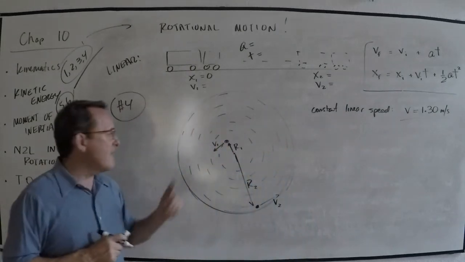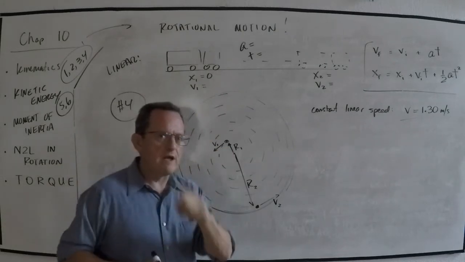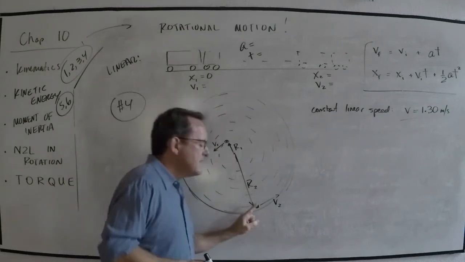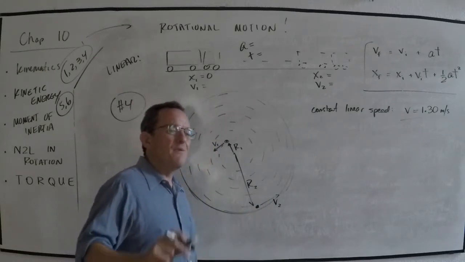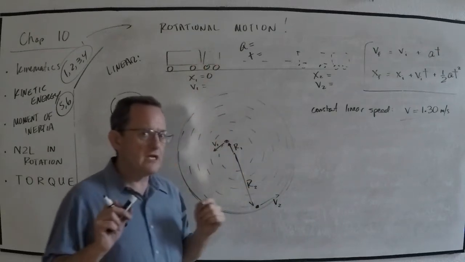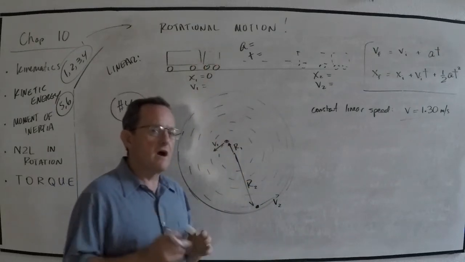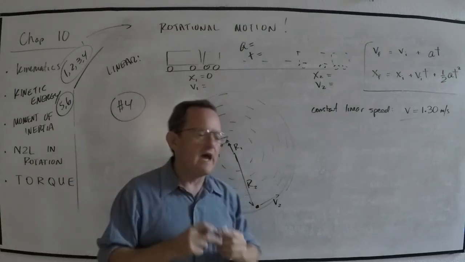Notice what I've done here. I've identified a point. The beginning of the spiral is a point on a rotating object, and the end of the spiral is a point on a rotating object. And what do we know about these points? They have rotational motion as part of the rotating object, but they also have corresponding linear motion that we can connect.